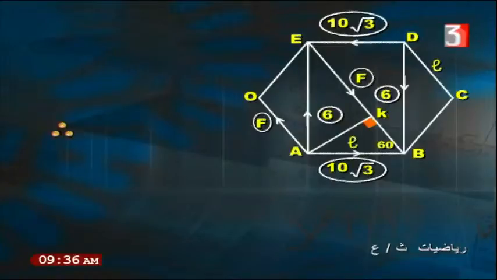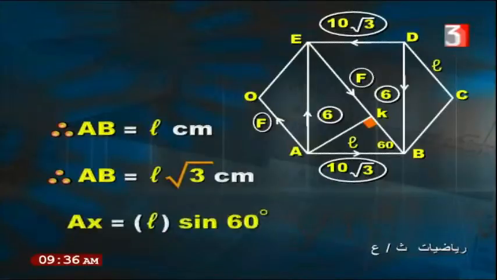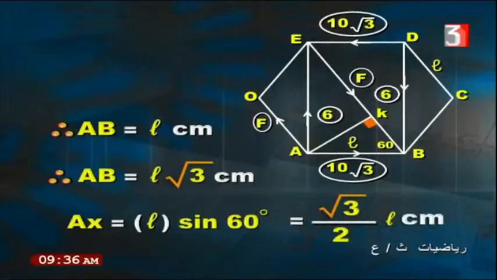At first, if we put AB equal L centimeter, the side length of the regular hexagon, we deduce that AB equals L, but BD equals L root 3. Then AX equals L sine 60, root 3 over 2 L.